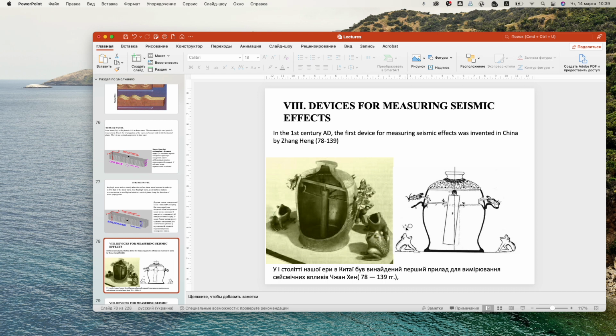So, for example, if the earthquake moves in this direction, then this hanging element moves in this direction, and after the earthquake we will find those balls in the mouths of these two frogs. This device was invented only for one purpose. This purpose was to find the direction of the earthquake. Only one purpose was solved by this device.